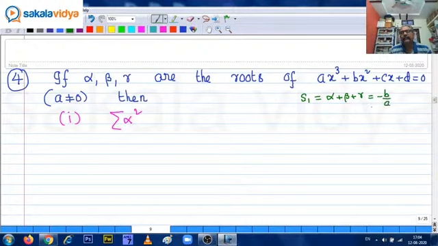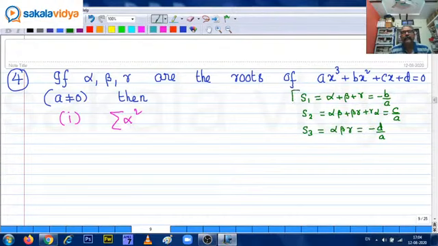S2 is equal to alpha beta plus beta gamma plus gamma alpha equal to c by a. S3, alpha into beta into gamma, that will be minus d by a. Am I correct? Already we had a discussion on this one.